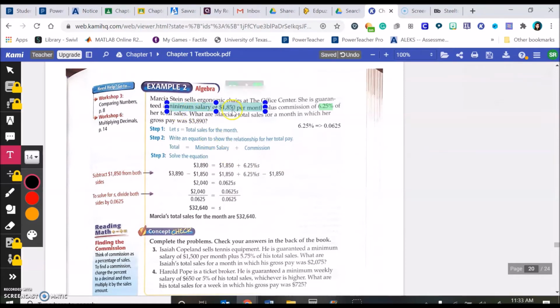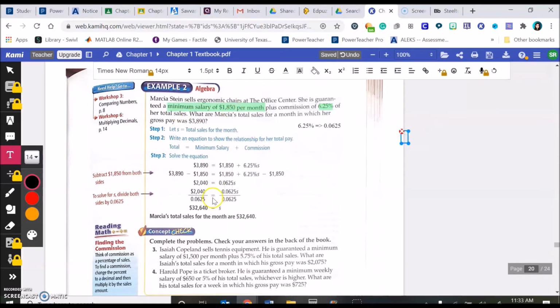Her minimum salary is $1,850 per month. I want to write an equation to show the relationship for her total pay. The total amount that she made, $3,890, equals her salary plus 6.25% times whatever her sales were. I'm going to subtract 1,850 from both sides of my equation.